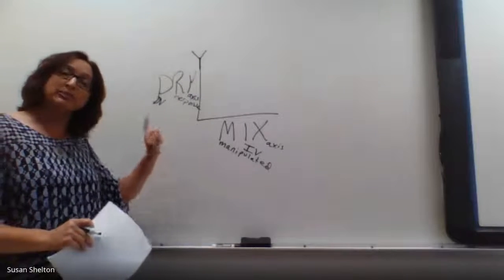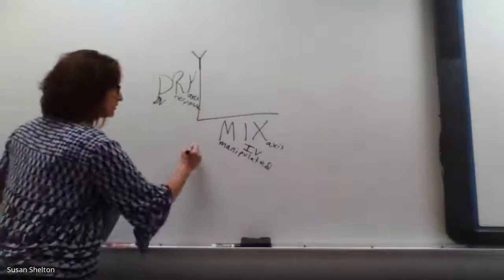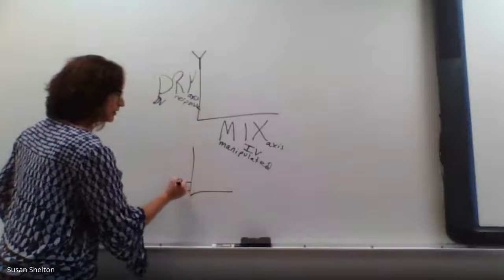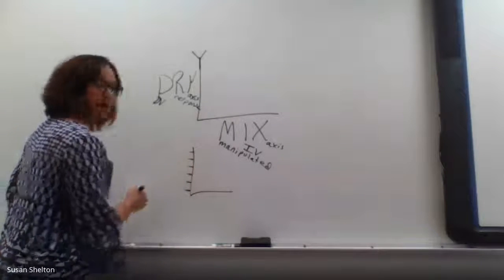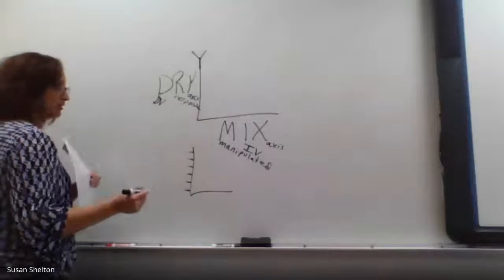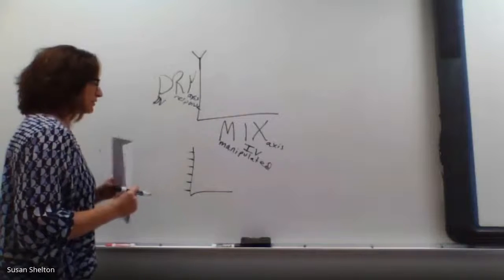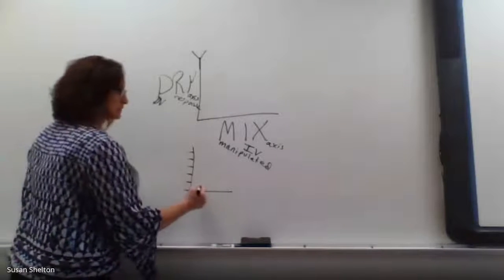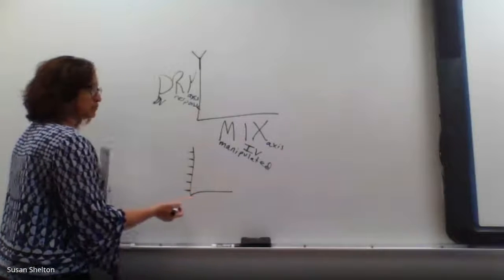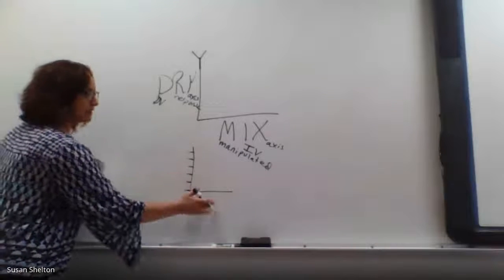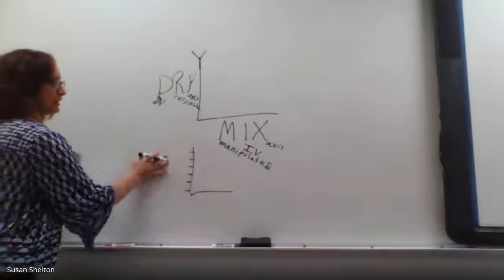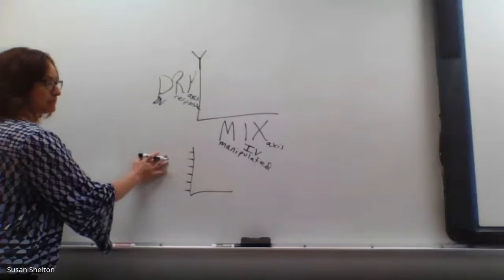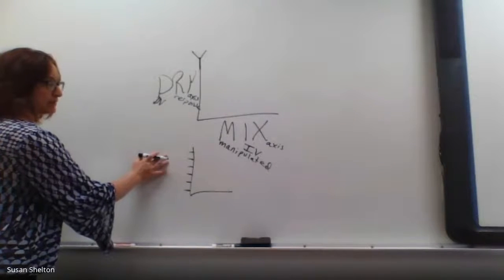And remember, it has to be measurable. So when you've got your graph, this is where you're putting your numbers on the side. So the one thing I am changing goes down here, and then my numbers would go off to the side.